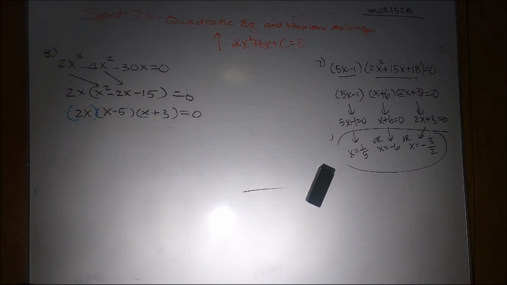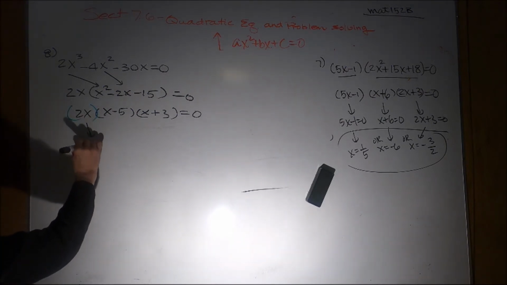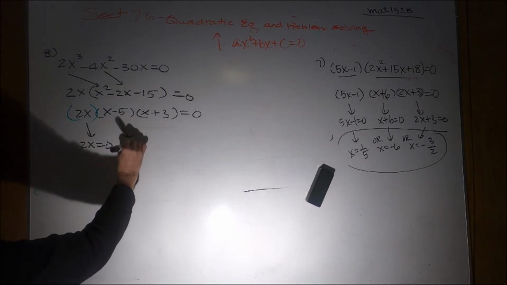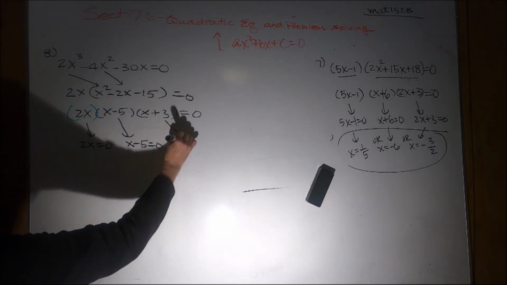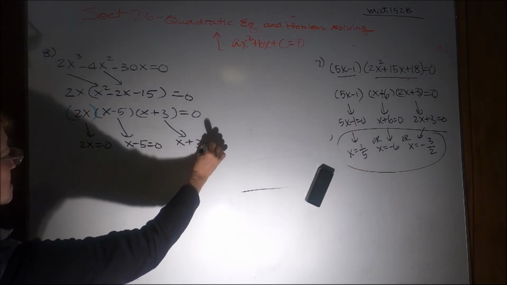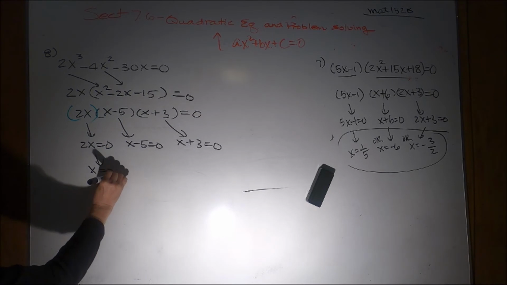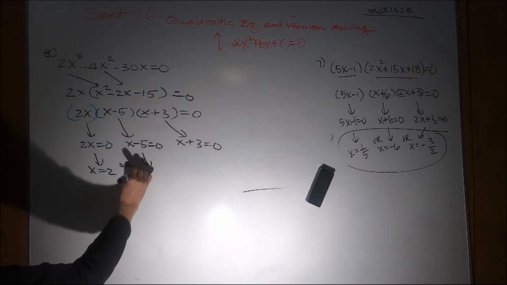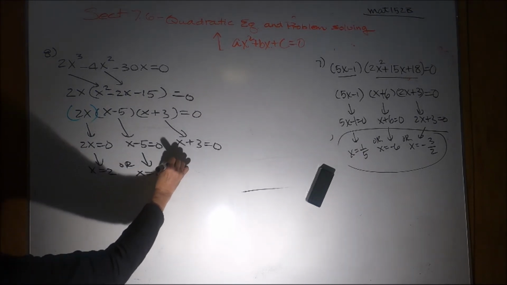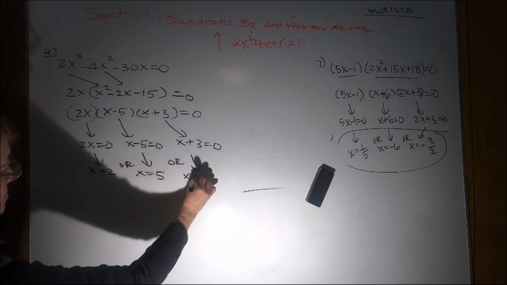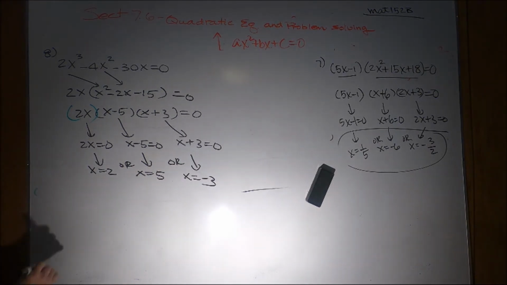So by the zero product property, this can be 0, x minus 5 can be 0, x plus 3 can be 0, right? So divided by 2, x is 0, or this one, x can be 5, or this one, x can be -3, right?